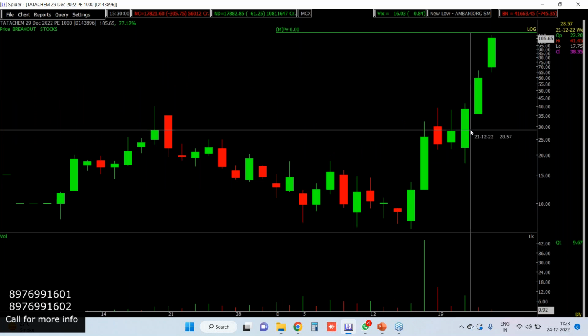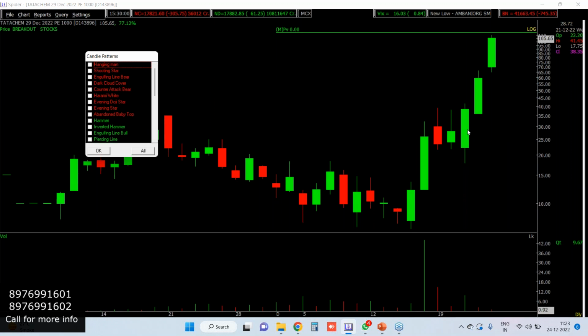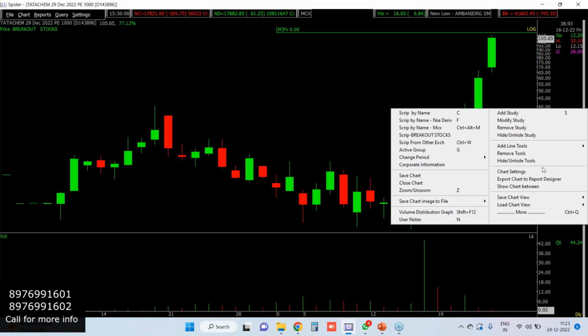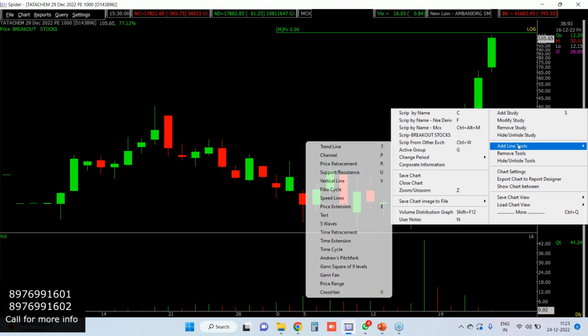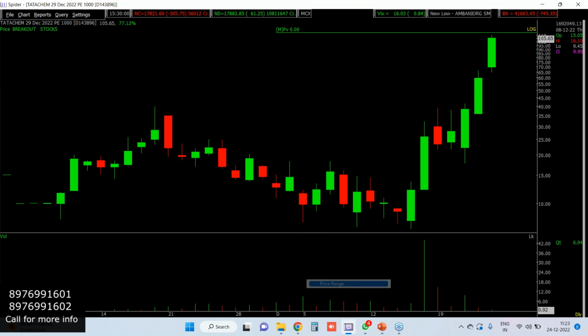From the 21st, if you see the percentage change here, as we know how to use it: add line tools, click on the price range, select the closing by pressing Control C, take the pencil to the candle wherever you want to find the percentage, then again press Control C and enter. Now as you can see, the premium went up from 38.35 to 105.65. So if you have a very good risk appetite, you may go for these positions also.